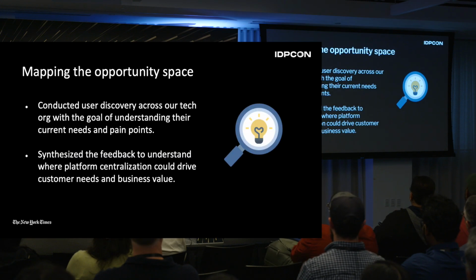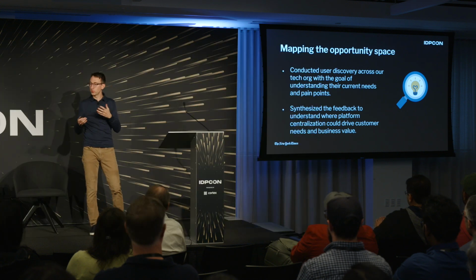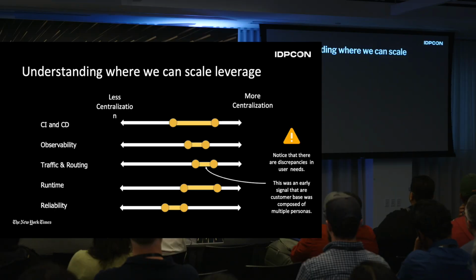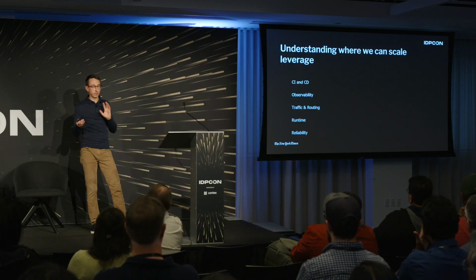And that phase was really mapping out the opportunity space. So we conducted user research to understand the current needs and pain points of engineers at the Times. We then synthesized that feedback to understand where platform centralization made sense and where it could really drive customer needs and business needs.